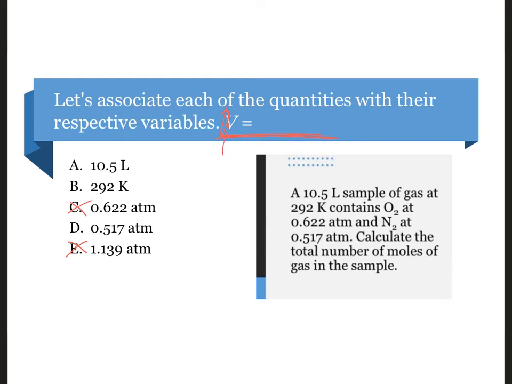And here, looking at the units, the only one that has a unit that matches volume is liters. I can't stress to you guys how important it is to look at your units. If liters is the only option there, then this should be an easy point. Kelvin is temperature, and all the ATM relates to pressure.